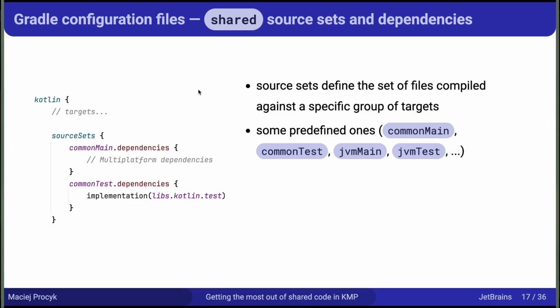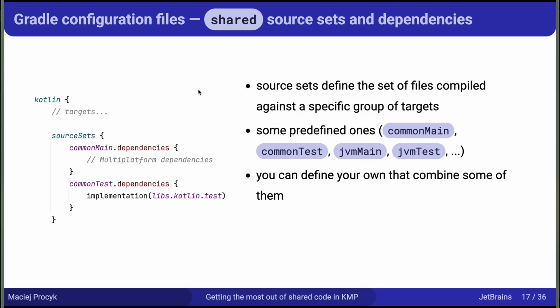For example, in my shopping list and in the default one, I think most of the code is put in the common main source set. So you could possibly add some dependencies which support all of the targets that you intend to export to.